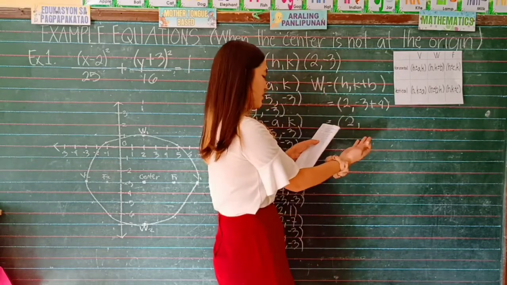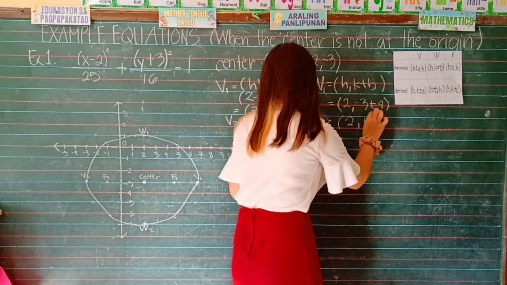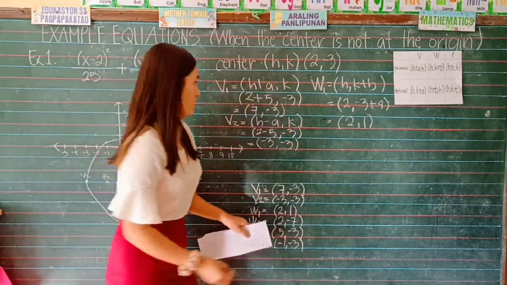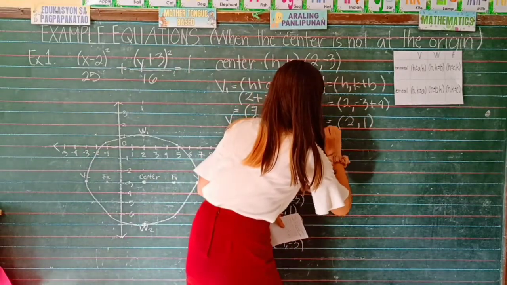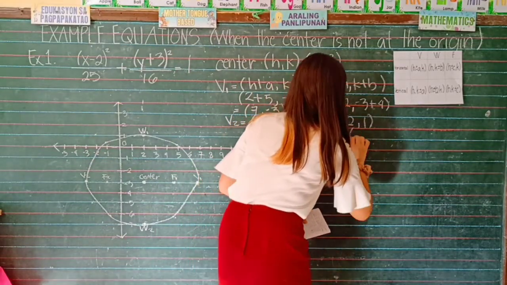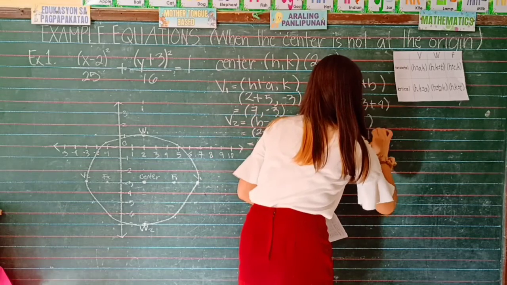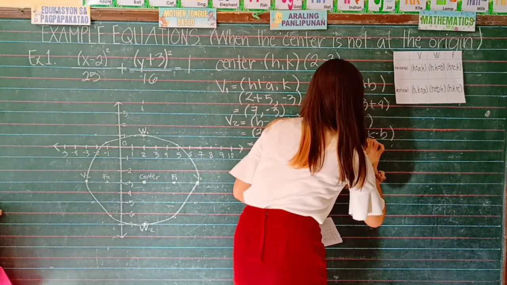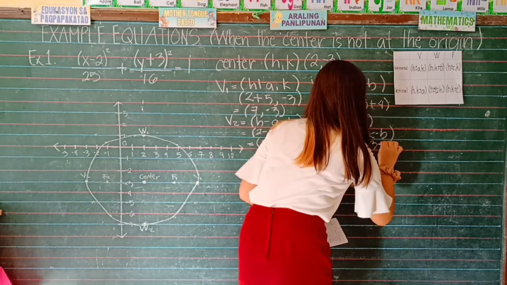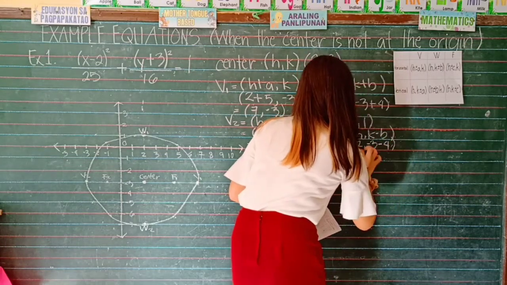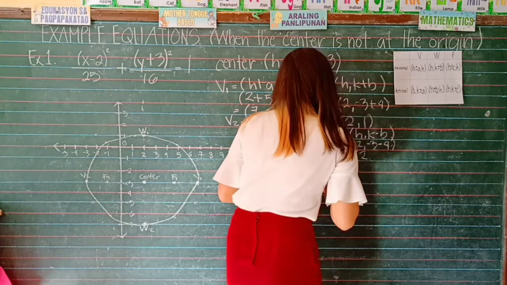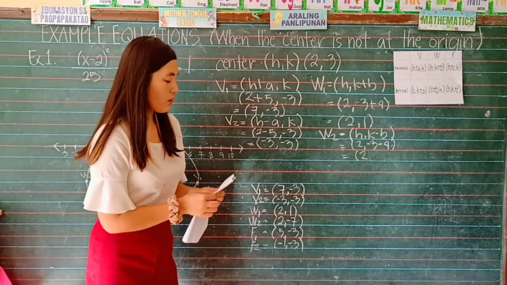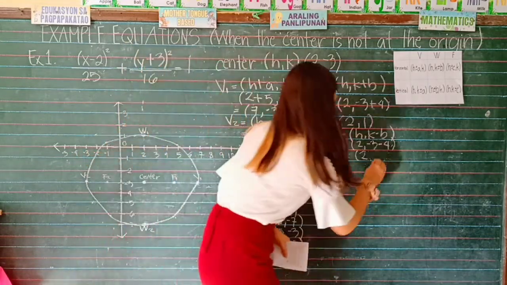So negative 3 plus 4 is equal to 1. The x values are the same. And then, let's proceed to the second one. Negative 3 minus 4 is equal to negative 7.